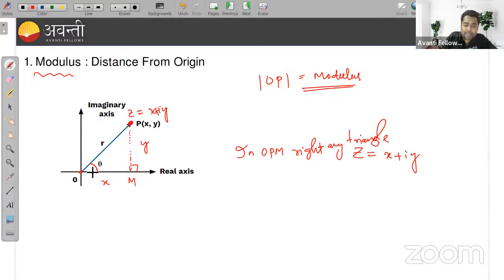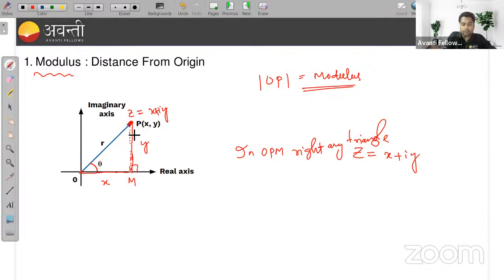To reach this point, I need to cover first from O to M, that is x units, then cover on the imaginary axis from M to P, that is y units. Is that clear or not?